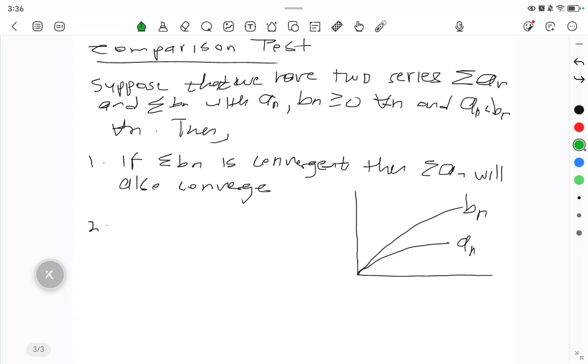Now we look at an, the one which is inside.